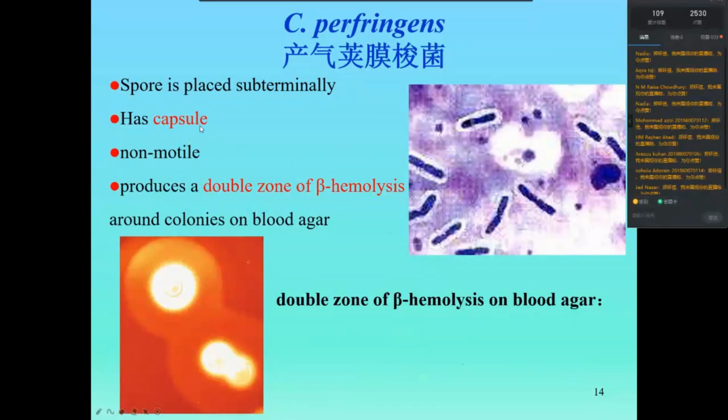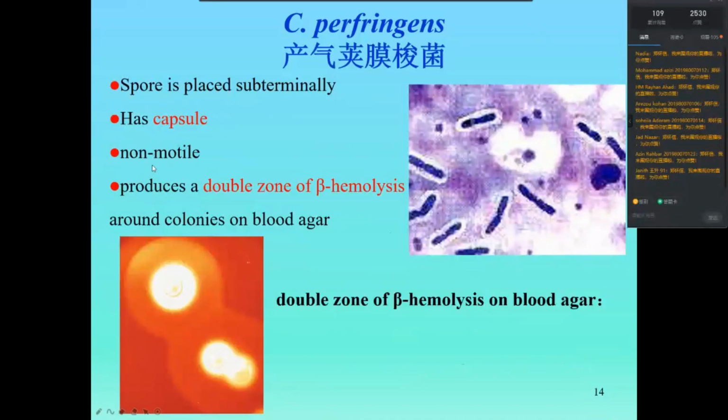They produce a capsule. As you can see here, you can see the white halo around the bacterium. So that's the capsule. The capsule can protect the bacterium, and is one of the important virulence factors.